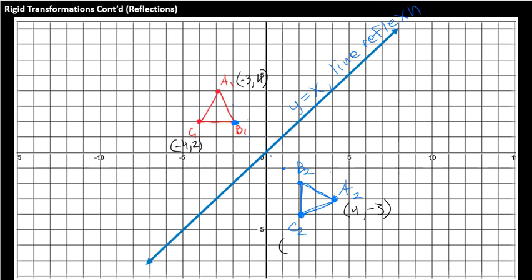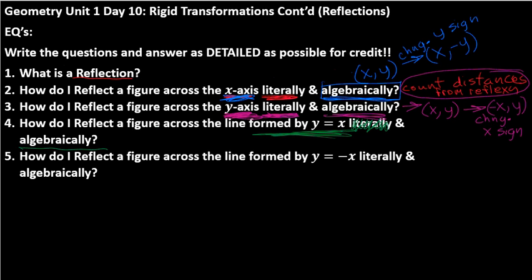What is C2? (2, -4). I think we've established a pattern. All we're doing is flipping the x and y. So when we reflect across the line y equals x algebraically, we're going from x comma y to y comma x. We're simply flipping coordinates.